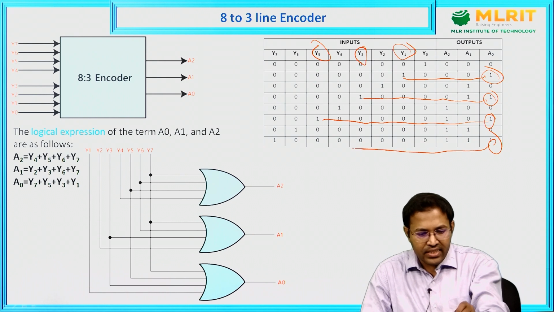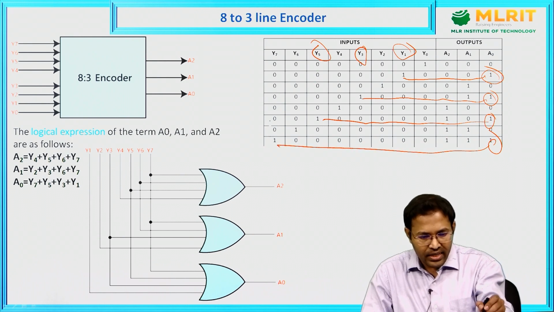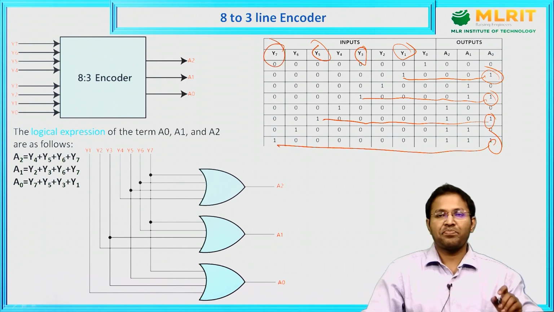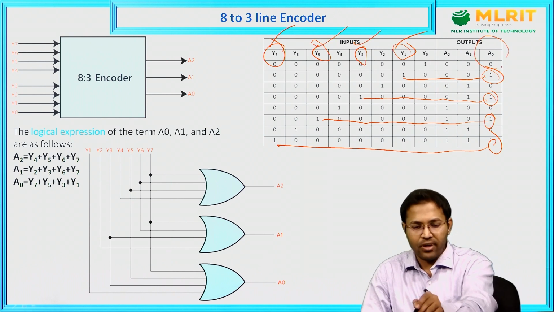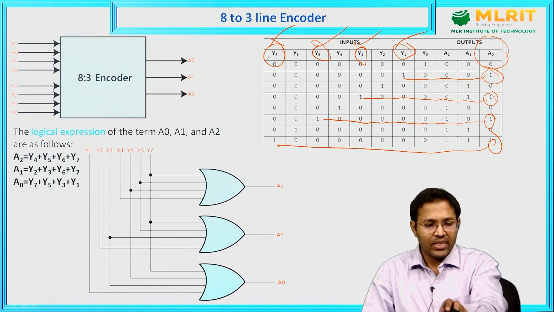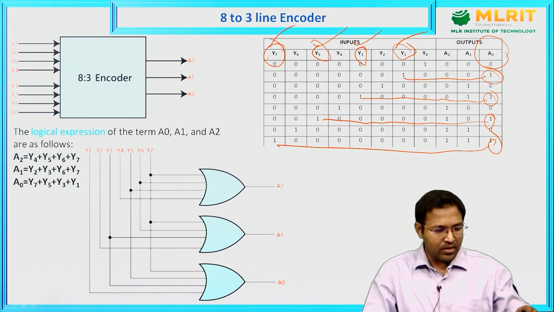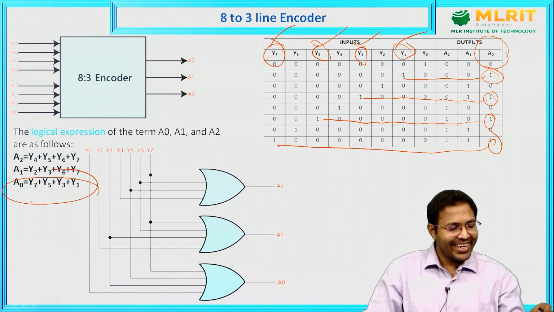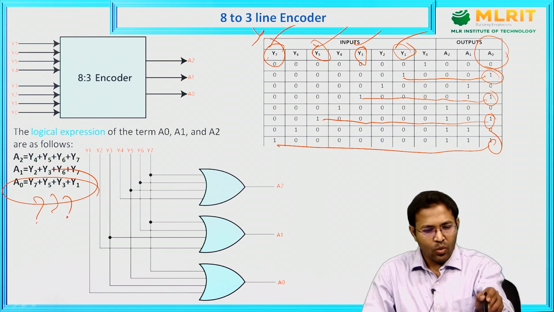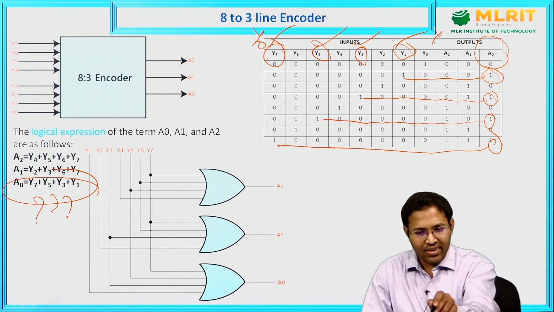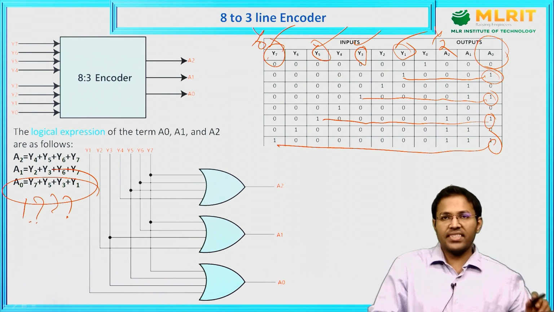Again in this case, we have a 1 here, so consider this. Now sum up all these. That will be the expression for a0. So a0 is y7 plus y5 plus y3 plus y1. Now again this order will change. If somebody takes y0 here and y7 here, then correspondingly this is going to change, and both are accepted.